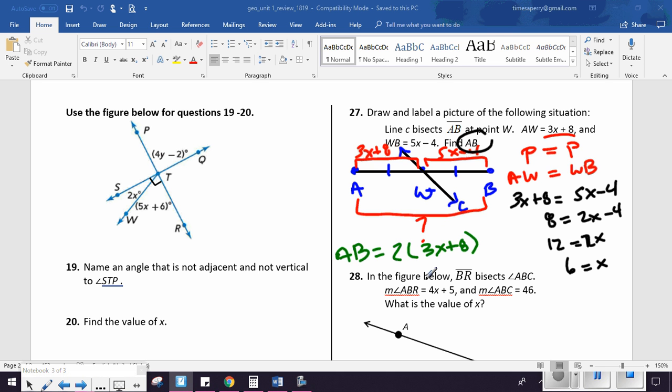So if I distribute my 2, I would have 6x plus 16. Now if I replace x with 6, that'd be 6 times 6 plus 16. 6 times 6 is 36, plus 16 is 52. So AB has a length of 52 units.